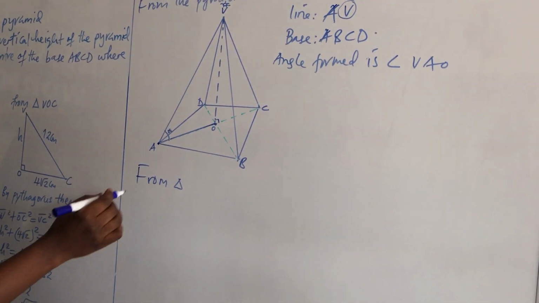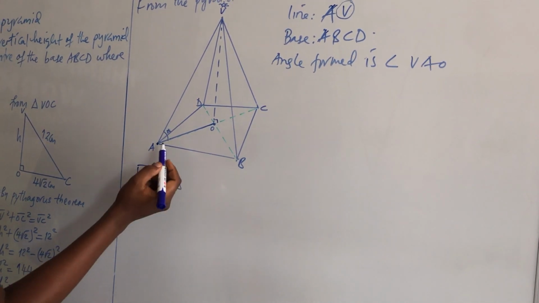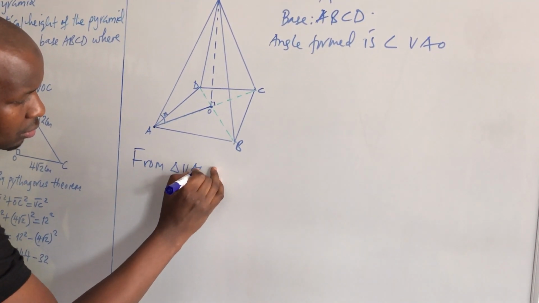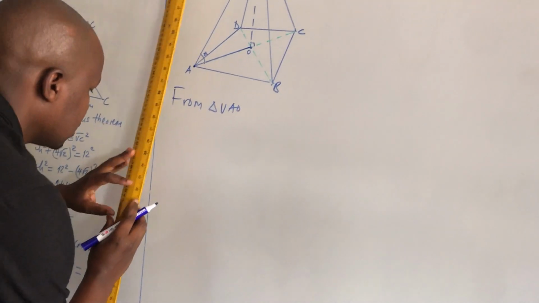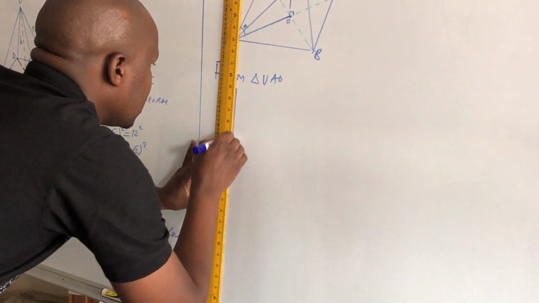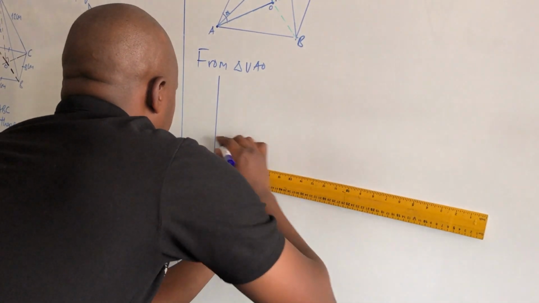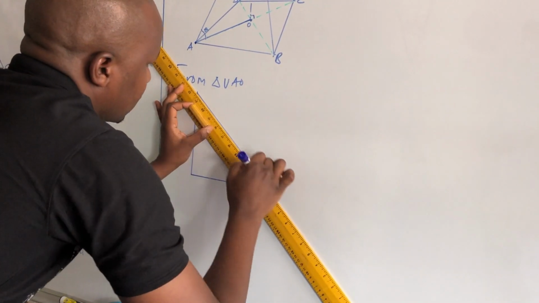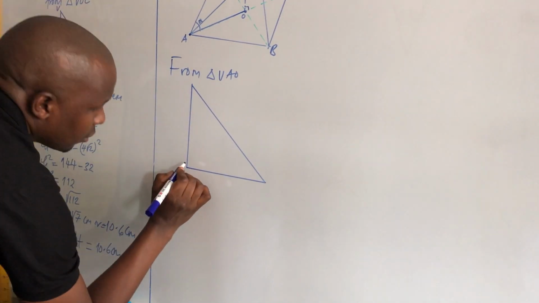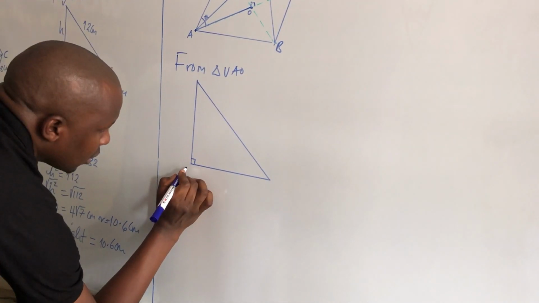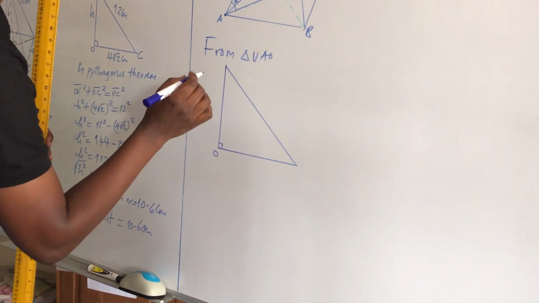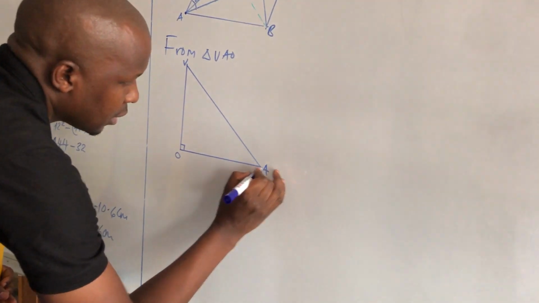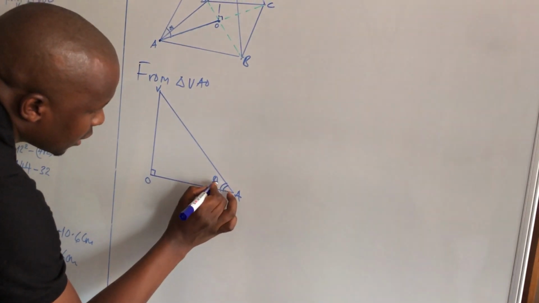So to find out the size of the angle, we just take the triangle which has the name with the angle. So from triangle VAO, a right angle triangle that we can draw here. The right angle is at point O, the center of the base, and here it's V, and here point A. So the angle is here.